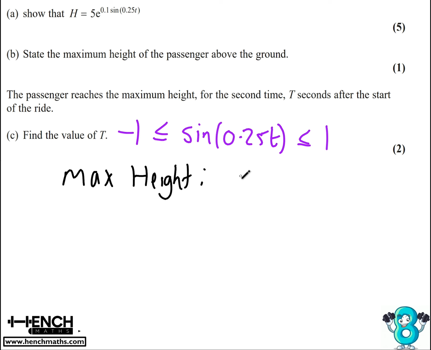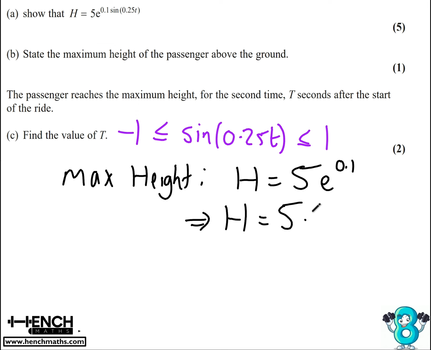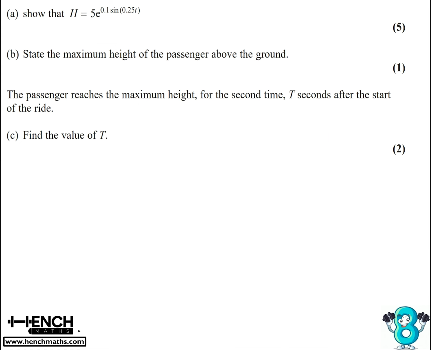So this will be when h is equal to 5e to the power of 0.1 times 1 effectively. And so this gives us h is equal to 5.53 meters.